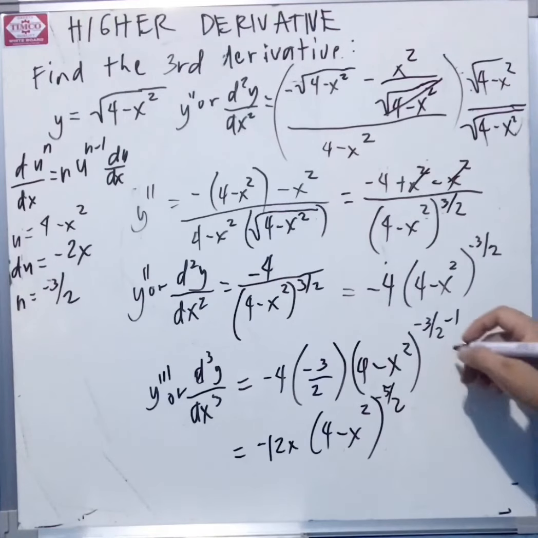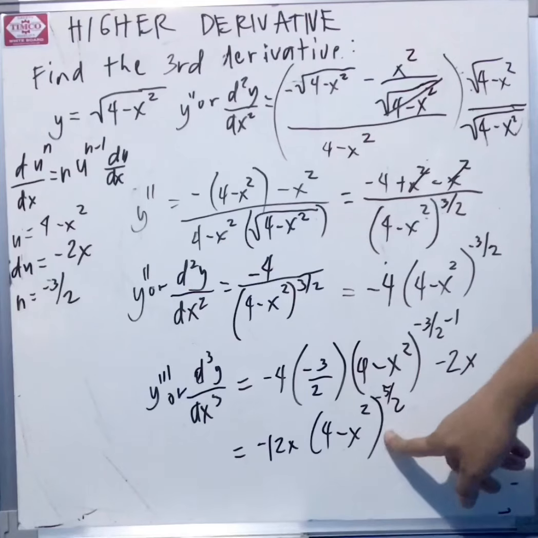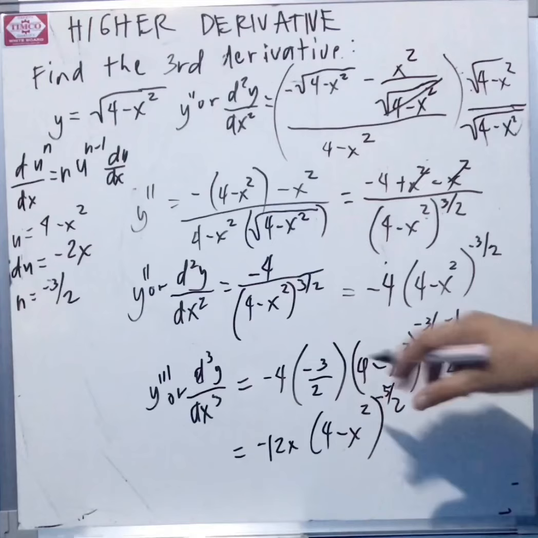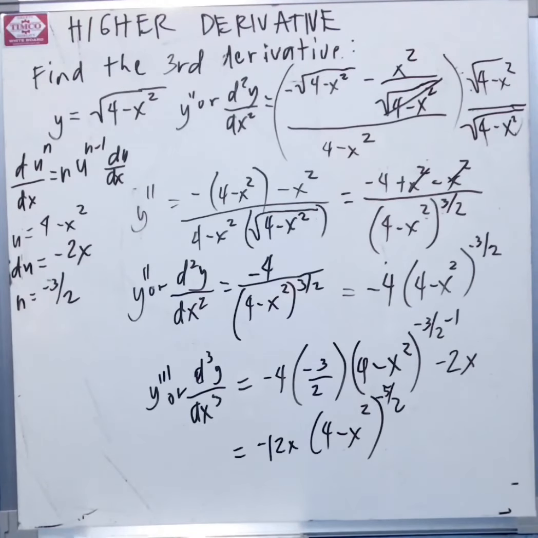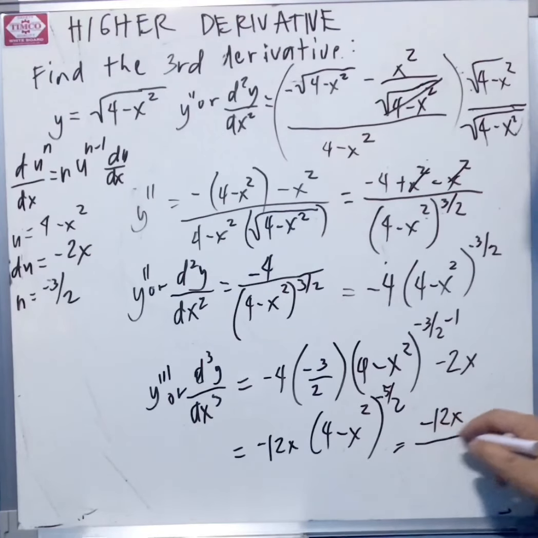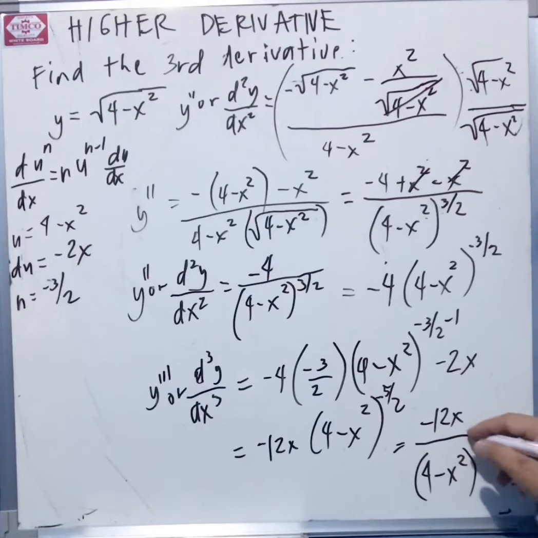May negative 2x tayo dito. Okay, ito na yung equation natin. So, sabi ko kanina, if this negative exponent, so pag nilagay natin sa denominator, magiging positive siya. Okay, so equal siya sa negative 12x all over 4 minus x squared raised to 5 over 2. Or, ang 5 over 2 is equal to square root of 4 minus x squared raised to 5.